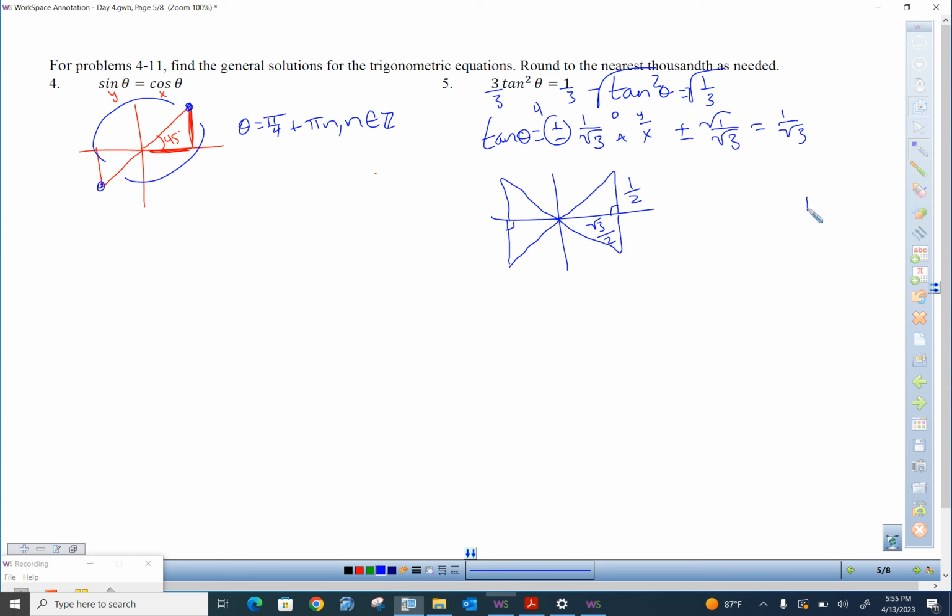Remember, tangent, when we have 1/2 over the square root of 3 over 2, the 2's end up canceling out. So start with those values, the unrationalized version, and that's going to help us decide that this is actually a 30-degree triangle. So first angle here is pi over 6.